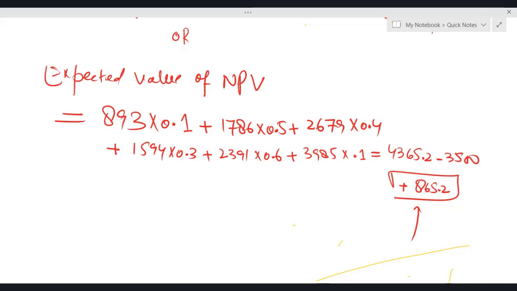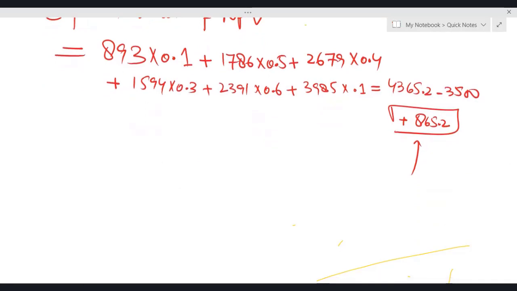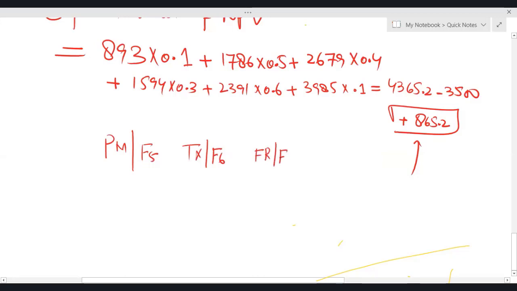Okay, just one thing, then we'll be ending the class. Personally, I teach PM, previously F5. I also teach tax, previously F6. I'm teaching FR, previously F7, and FM.